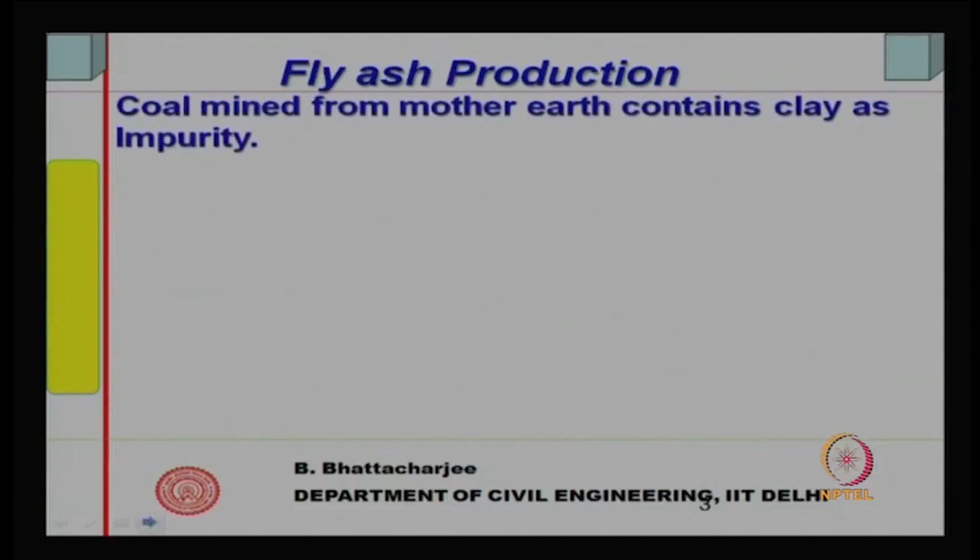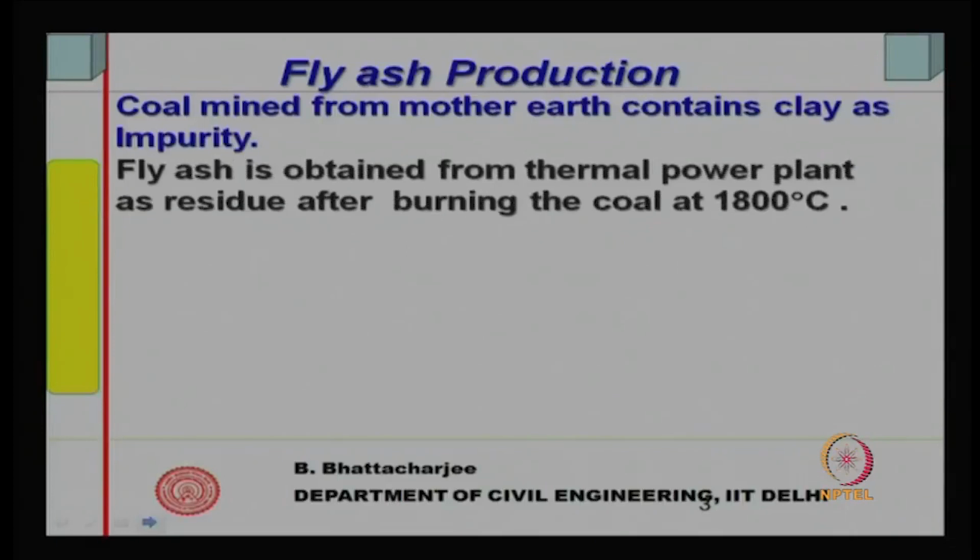Now, let us see what is fly ash. Coal is mined from mother earth and it contains clay as impurity. Now, you see, a thermal power plant burns this coal to produce energy which is used to generate steam and finally to run the steam turbine to generate electricity.